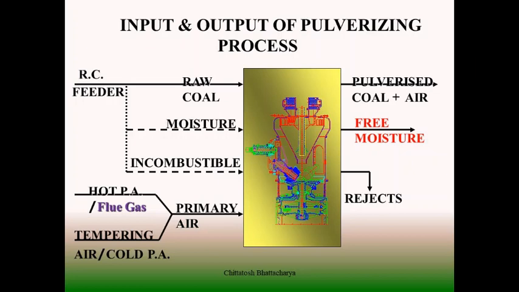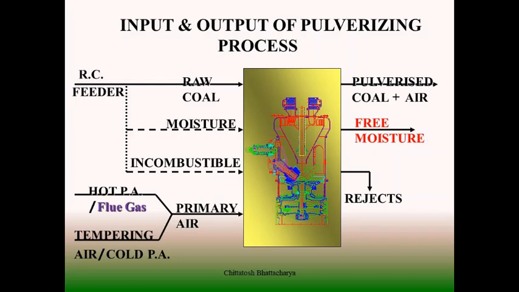From the perspective of input and output of the pulverizing process, the inputs are basically through the raw coal feeder, from which we are supplying the raw coal. In fact, the raw coal already has a certain amount of moisture and incombustibles as an inherent component, and when it is supplied within the pulverizer for grinding, along with that we are supplying hot primary air along with tempering air, or sometimes we also supply some amount of flue gas as a part of the heating agent.